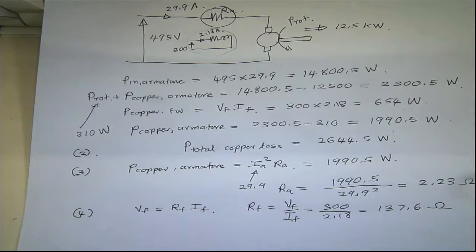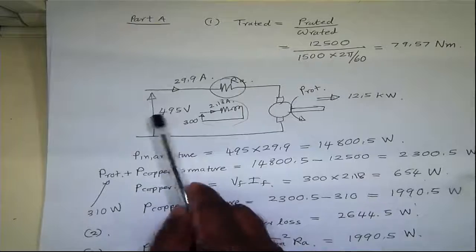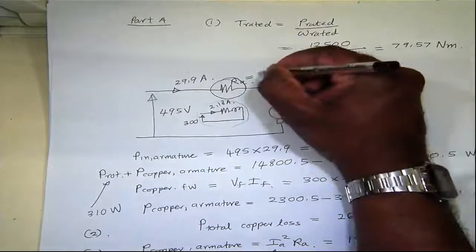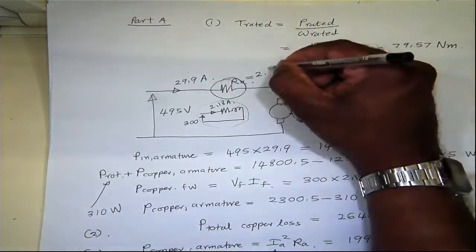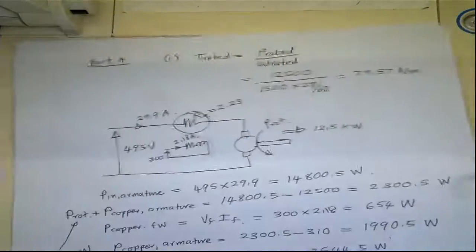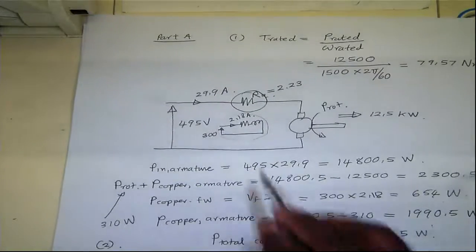So the fifth part is to find the back EMF under this operating condition. You are given the voltage here, and we found this resistance as 2.223. So one approach is to apply Kirchhoff's voltage law.